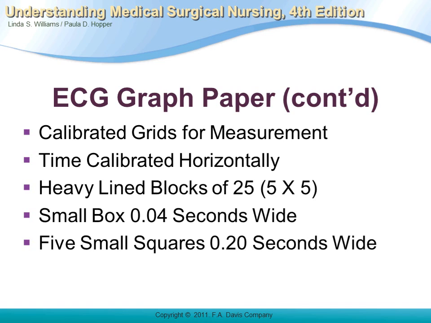The ECG graph paper has calibrated grids for measurement. Time is calibrated horizontally. The heavy lines are in blocks of 25, so it's 5 by 5 squares. Each small box indicates 0.04 seconds, which is how wide it is, and 5 small squares equal 1 heavy box, which is 0.2 seconds.